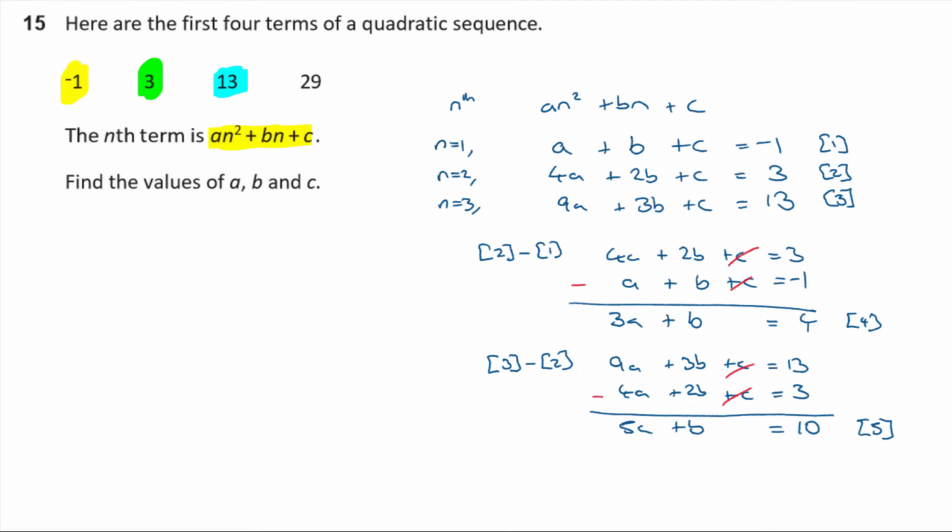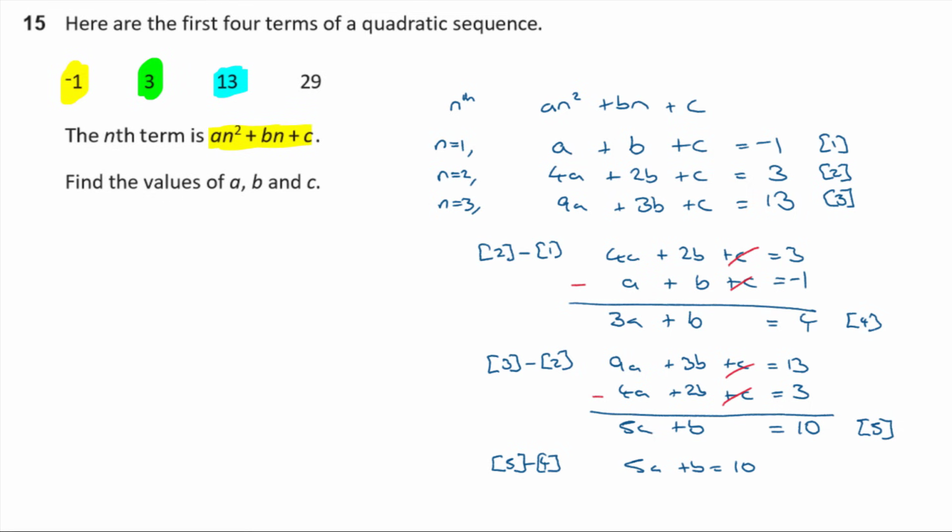Okay, so we can now take those two simultaneous linear equations and solve them because we've got two equations and two unknowns now. So what I'm going to do is take equation 4 away from equation 5. So equation 5 subtract equation 4. So 5a plus b equals 10. That's equation 5.